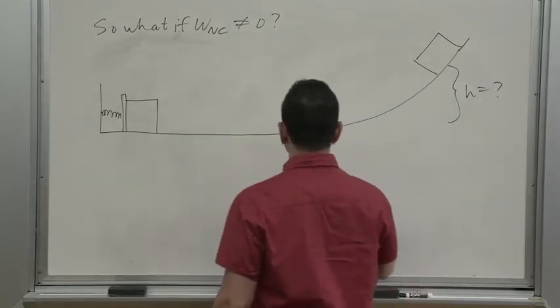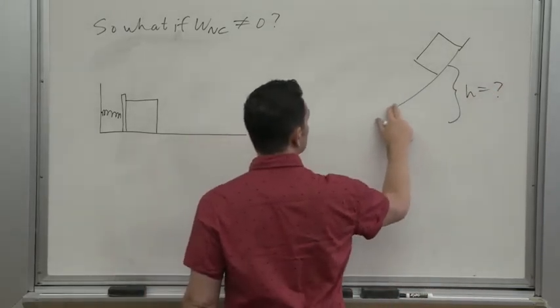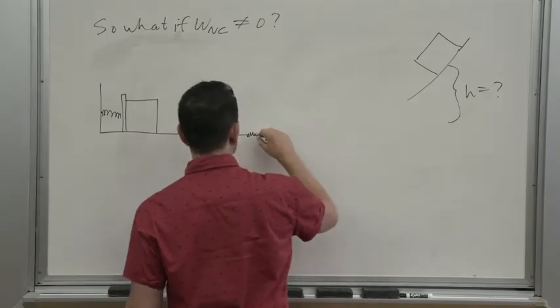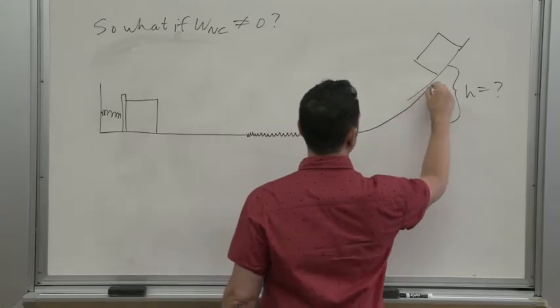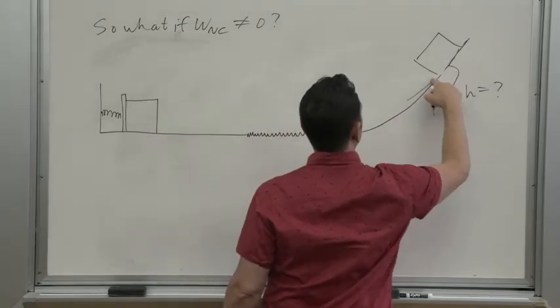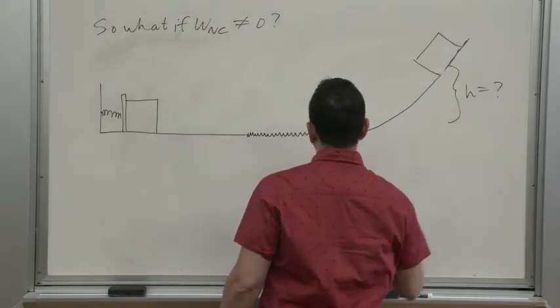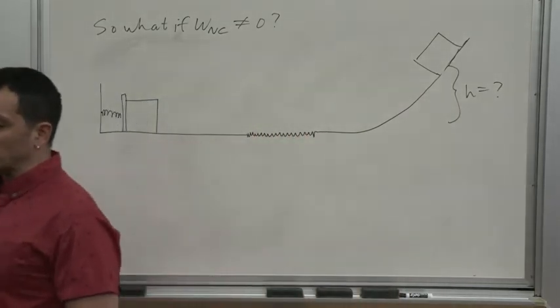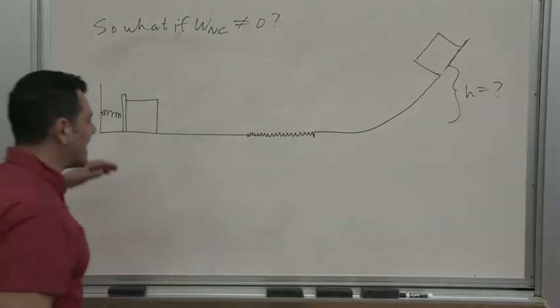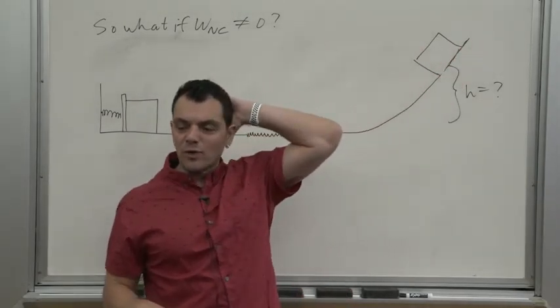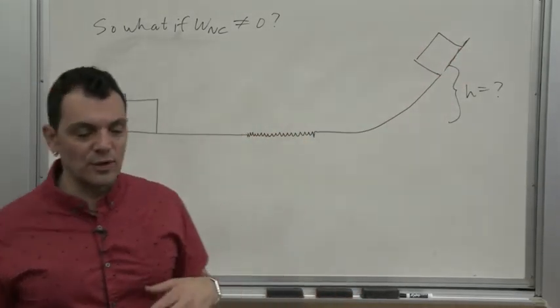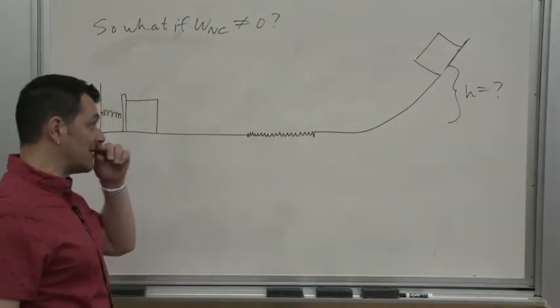But I'm going to do something different. It's going to be too difficult if I simply say that friction exists everywhere, because especially as this mass churns up this incline, the normal force is going to get difficult to calculate, and therefore the force of kinetic friction is going to become difficult.